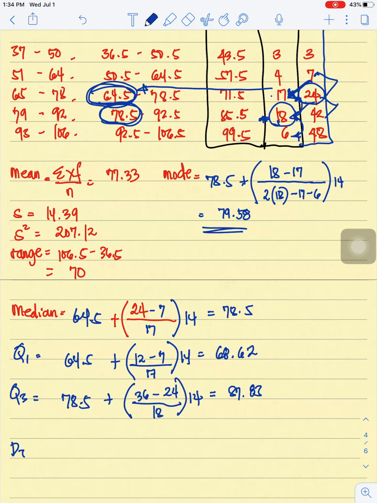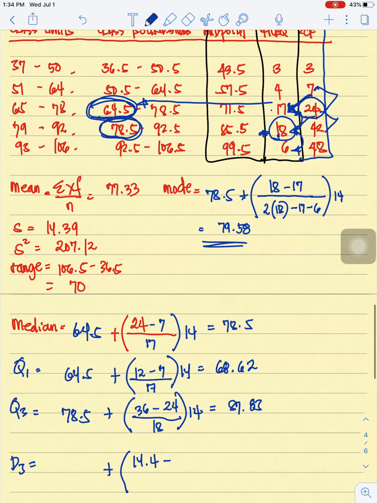Next, let's say I want to compute for D3. D3 is 3 times 48 divided by 10. We have 14.4. You don't need to round up the value. So that is 14.4 minus, where is 14.4? In between 7 and 24.